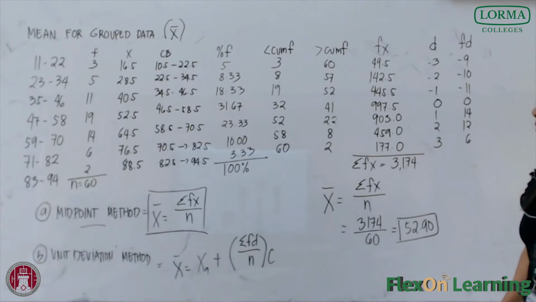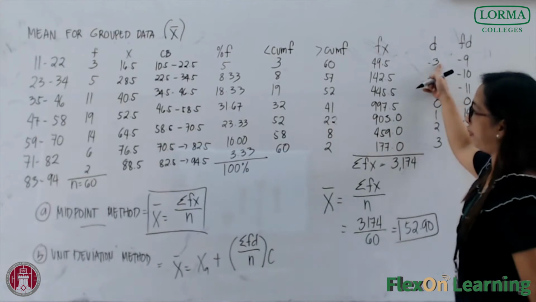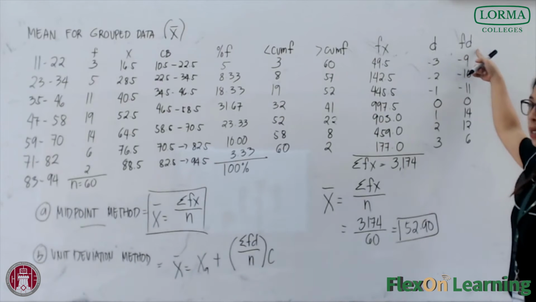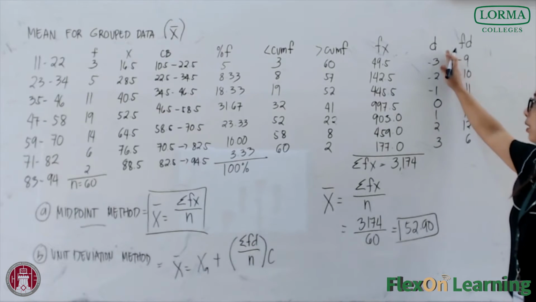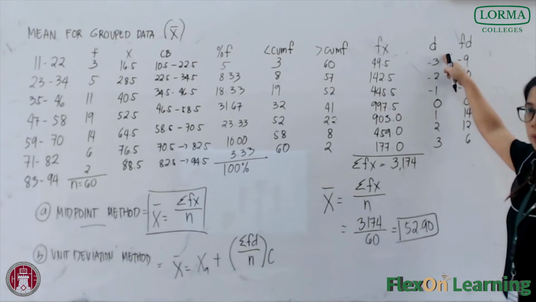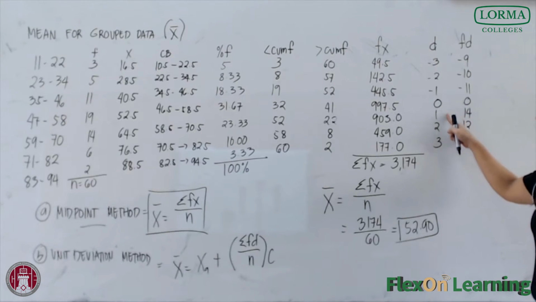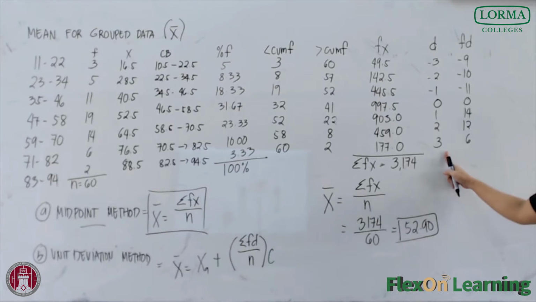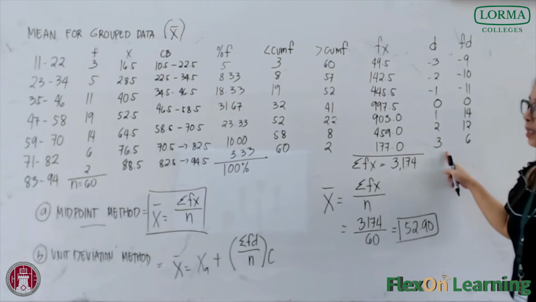How did we get negative 3 for the frequency times the unit deviation? How did we get the unit deviation? For the highest frequency, everything above it would be negative, and everything below it would be positive. It depends on the frequency.